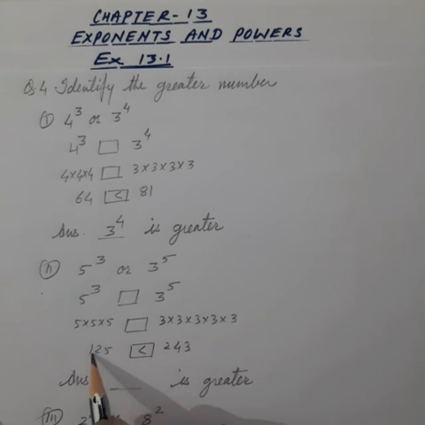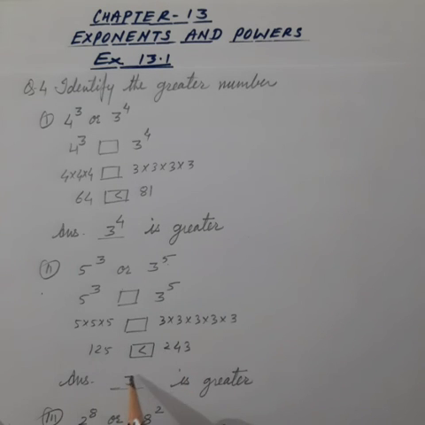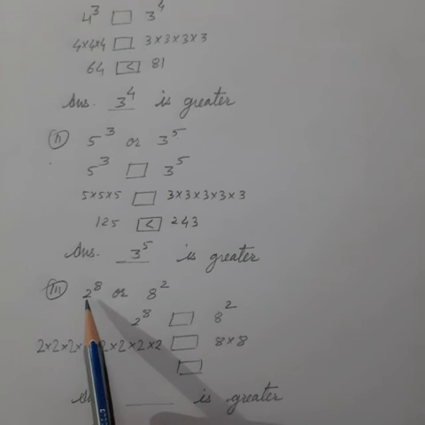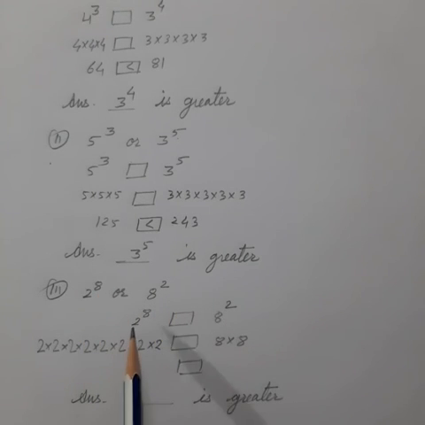243 is greater than 125 and 243 is the value of exponential notation 3 raised to the power 5. So 3 raised to the power 5 is greater. Third, which is greater? 2 raised to the power 8 or 8 square. 2 raised to the power 8 means 2 is repeatedly multiplied by itself 8 times and 8 square means 8 into 8.